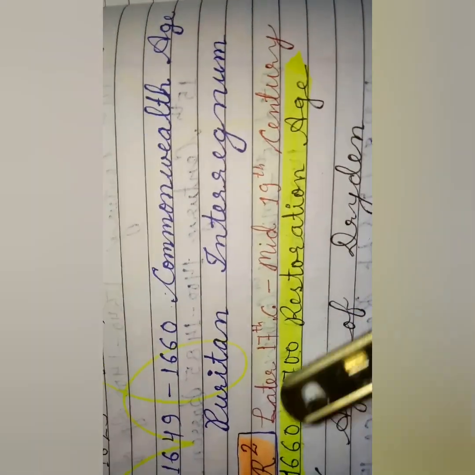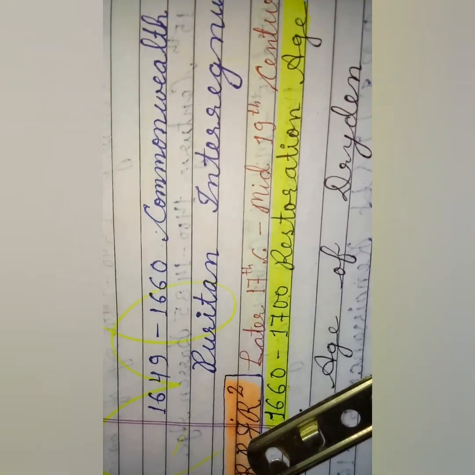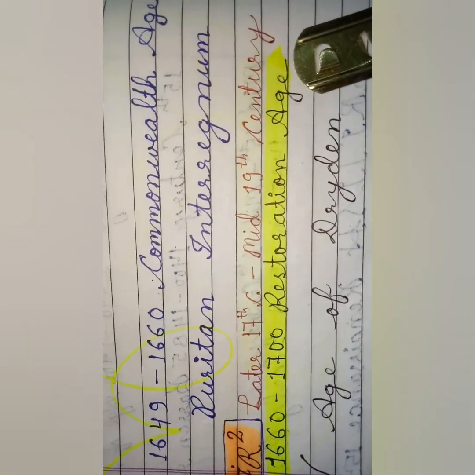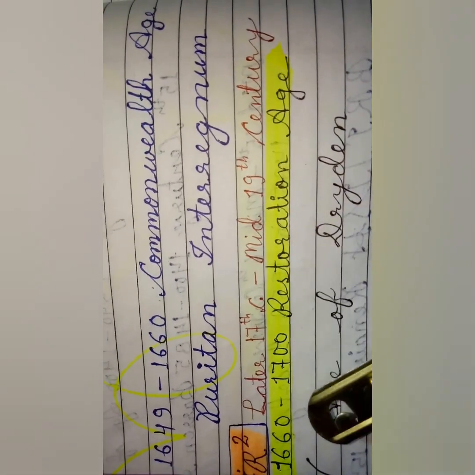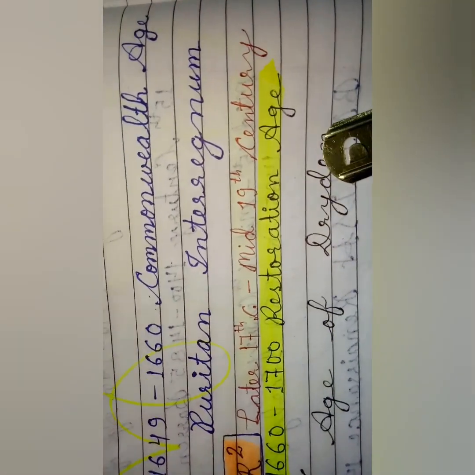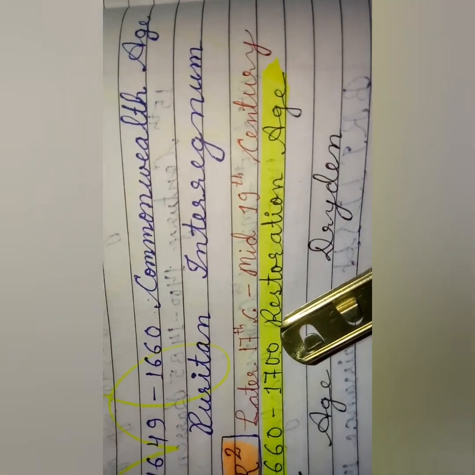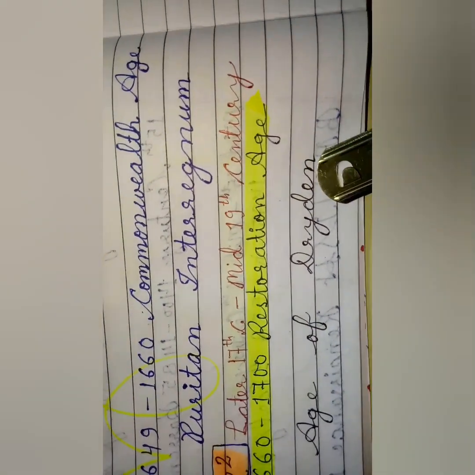Yes, the R stands for Restoration age. This is also known as the Age of Dryden, 1660 to 1700.